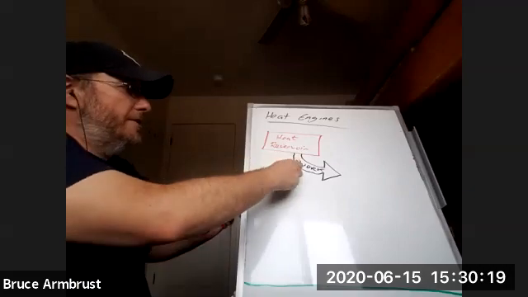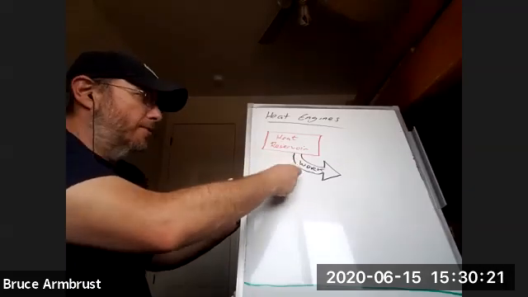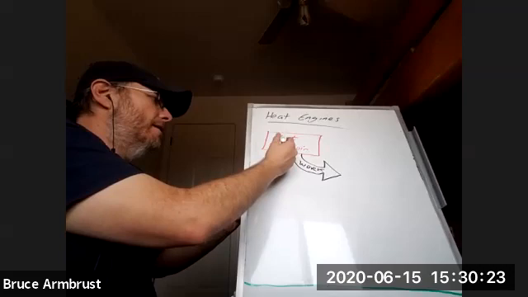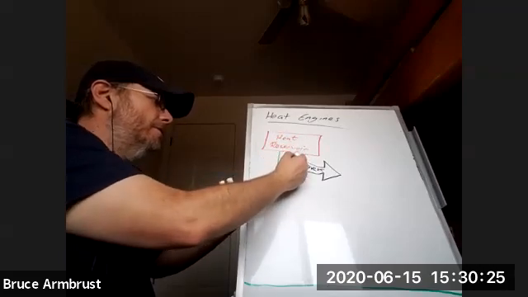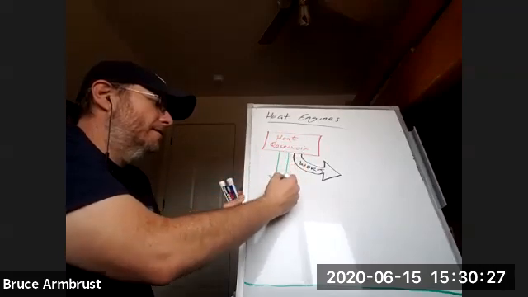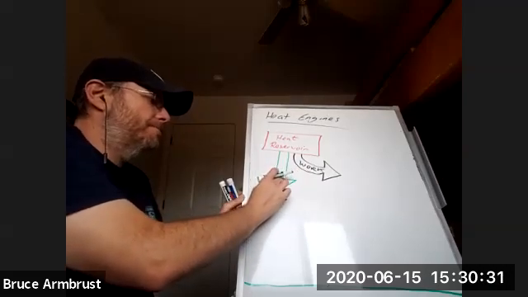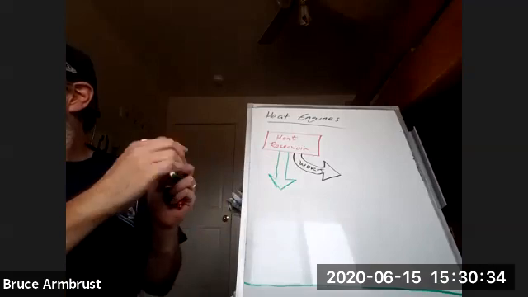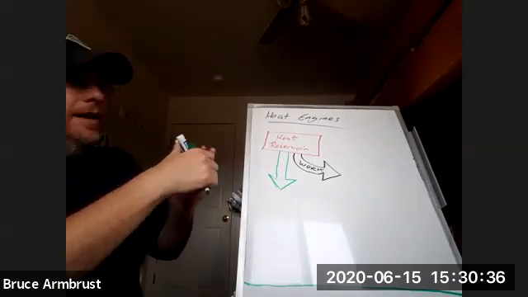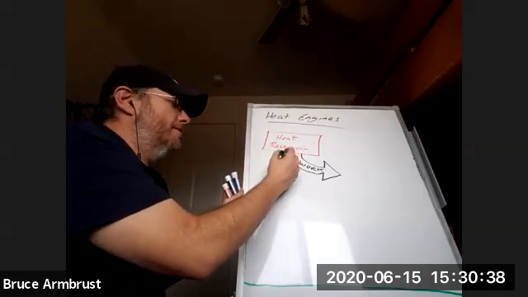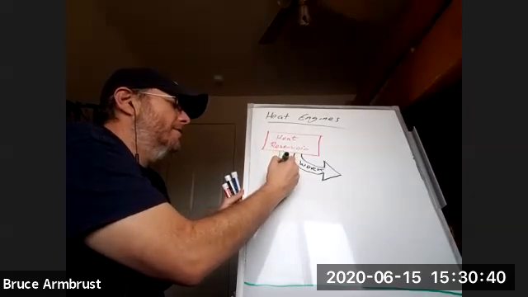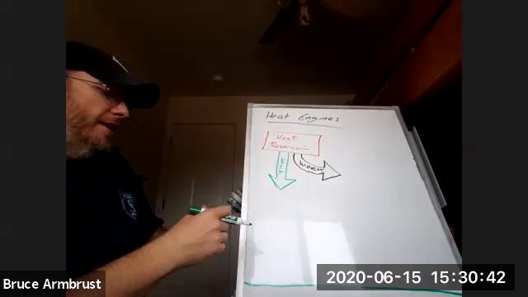So with a heat engine, yes, we've got the work being done, but there's also going to be energy that's lost. So let me just go ahead and draw another little arrow that's coming this way. And let's just call this lost. So it's the lost energy.